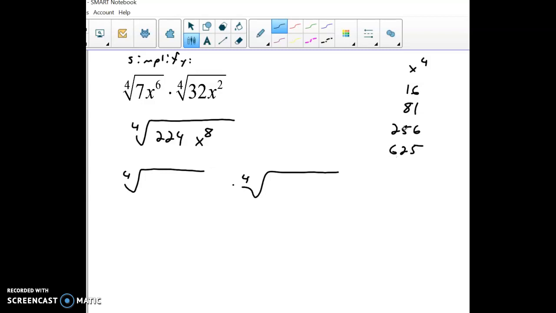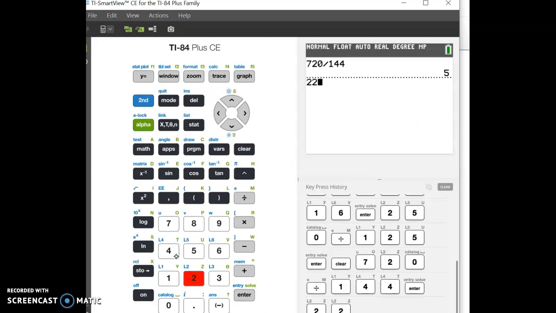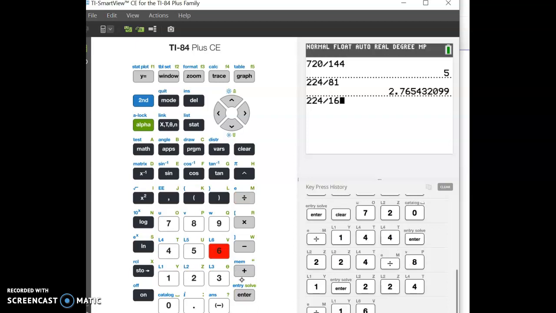So there are fewer choices here. Basically it's going to be either 81 or 16. So I can go to my calculator, try 224 divided by 81. That didn't work. 224 divided by 16. And that does work. So I can make it 16 and 14.